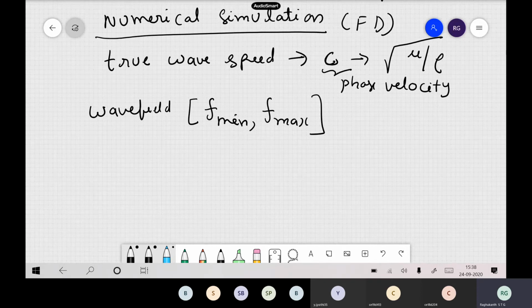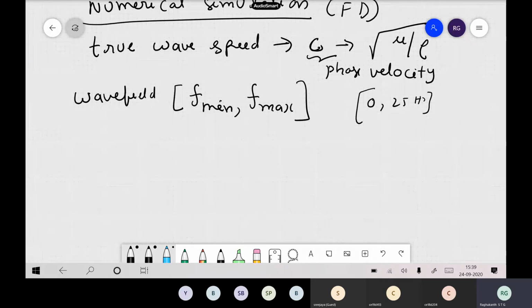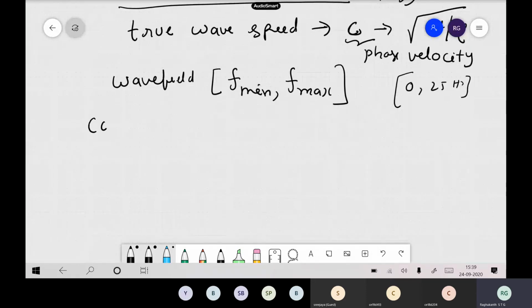Generally in seismic, how much does f minimum and f max vary? You people are simulating ground motions. In earthquakes, the maximum is 50 hertz or 25 hertz or whatever, so say 0 to 25 hertz. You have to fix what range you want to simulate the wave field. Now the corresponding wavelength.